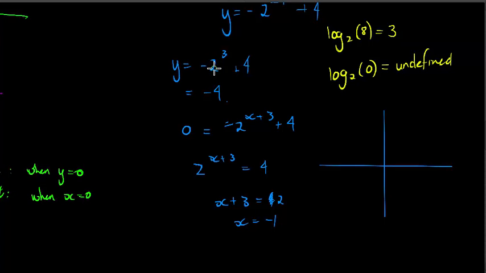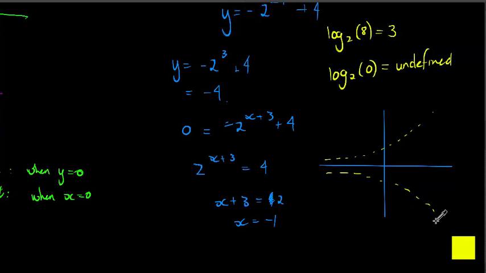But because the base is bigger than 1, it actually looks like this. But because of the negative, it gets flipped around down. Do you understand that?